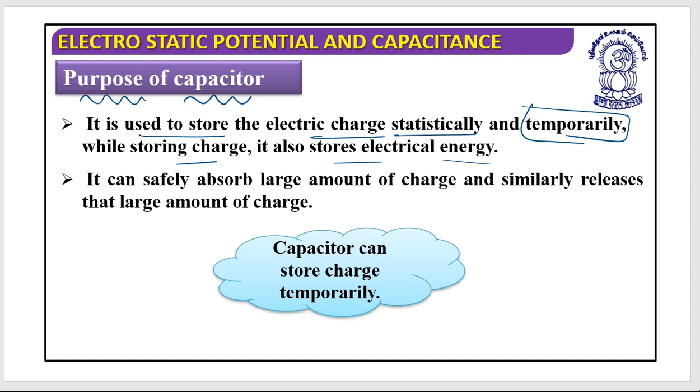But when you require a certain amount of charge spontaneously but temporarily, for a fraction of a second only, you can use a capacitor. It can safely absorb a large amount of charge and similarly release that large amount of charge in fractions of seconds. So please remember, we are using this to store the charge temporarily.